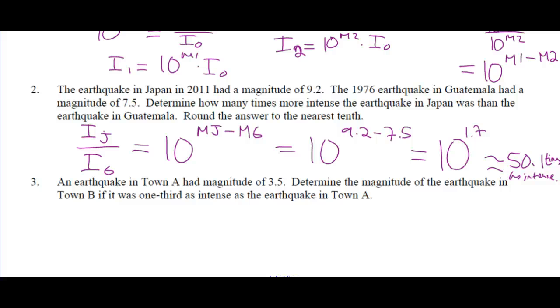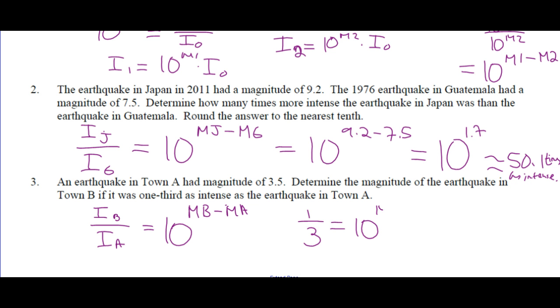So if we take intensity of B over intensity of A, which will be 10 to the power of the magnitude of B minus the magnitude of A, which is 3.5. Let's just write this as magnitude A for now. Okay, and we want that intensity to be 1/3. So 1/3 will equal 10 to the power of the magnitude of B minus 3.5.